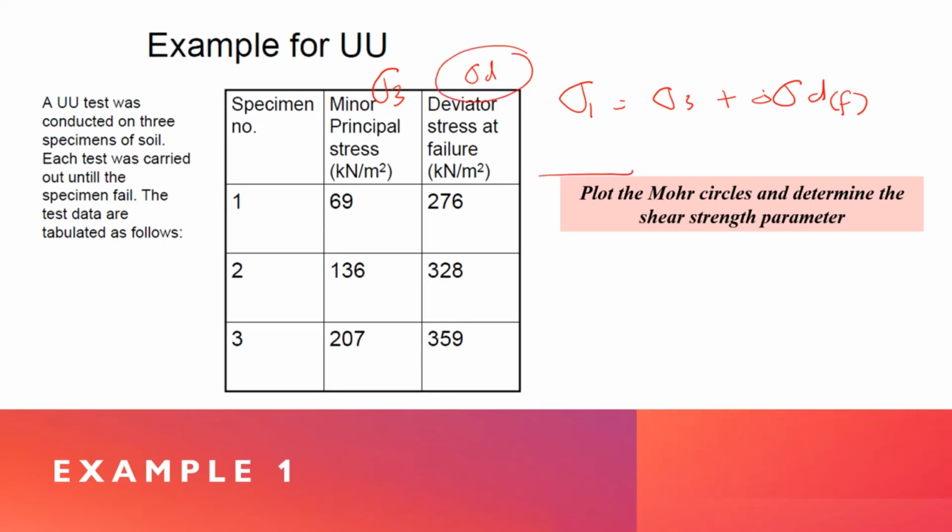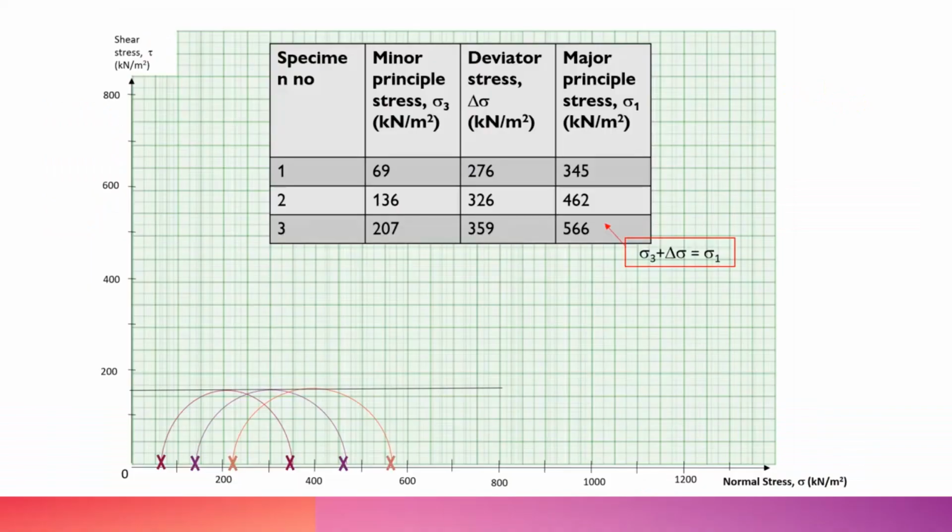You can have another column here to find the sigma 1, which is the total of sigma 3 plus the deviator stress. Here is the complete information of major principal stress and minor principal stress.